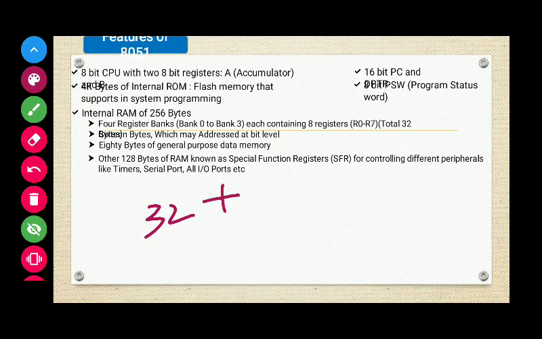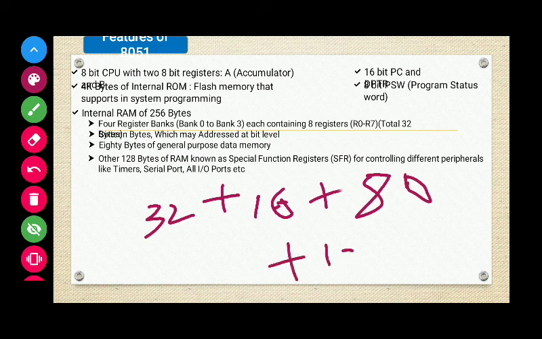Then 16 bytes as bit addressable region, 80 bytes used for general purpose data memory, and 128 bytes used as special function registers.